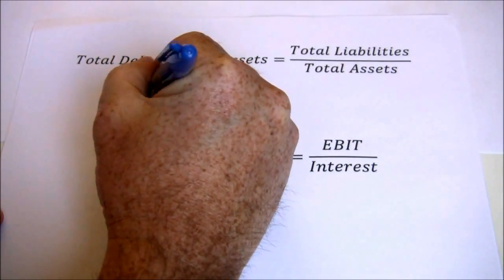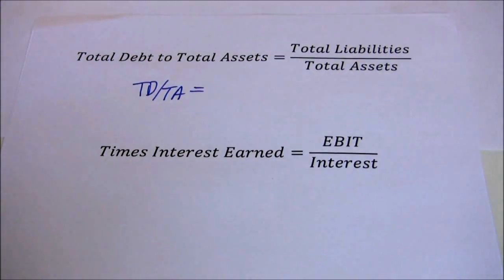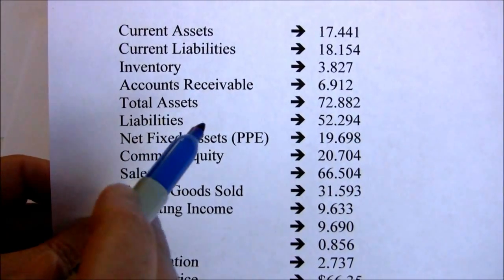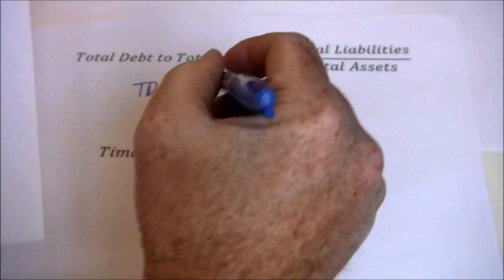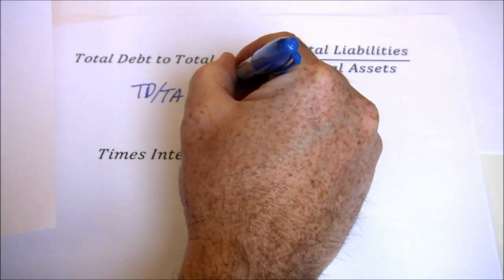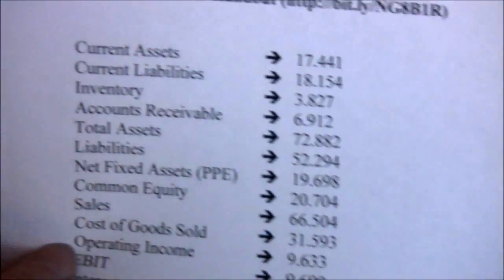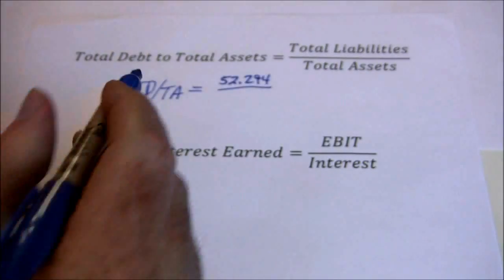So our total debt to total asset ratio is just going to take our total liabilities, which come from the balance sheet. Here we see our liabilities at 52.294 billion, divided by our total assets, which we introduced earlier at 72.882 billion.